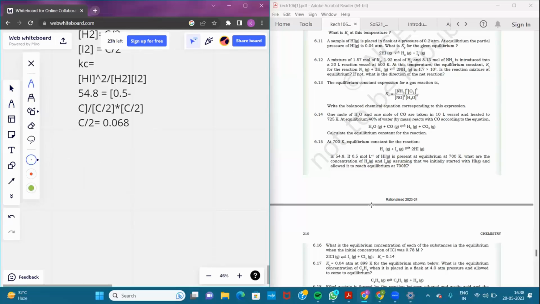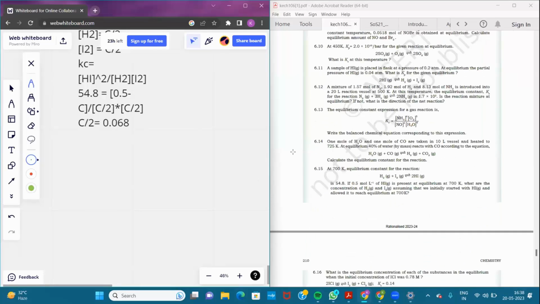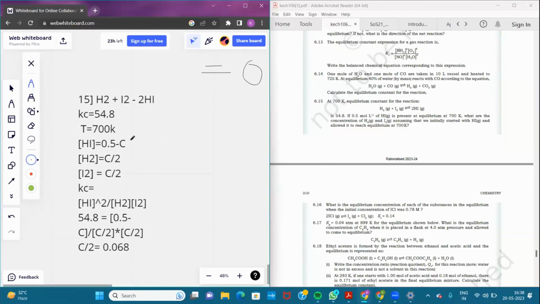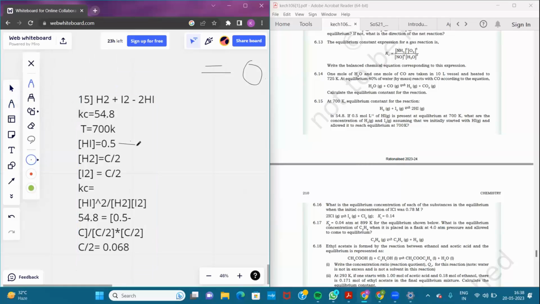Sorry for the confusion here. This is not 0.5 minus C, because carefully observe here. As per the given question, 0.5 is at equilibrium.